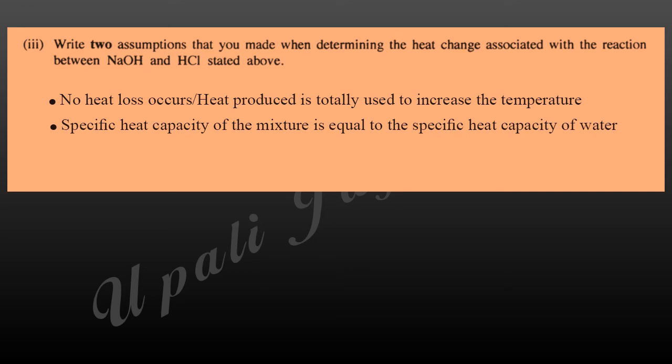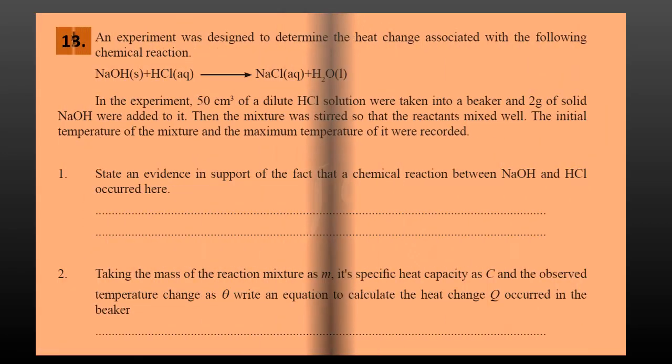The specific heat capacity of the mixture is equal to the specific heat capacity of water. Density of the mixture is equal to the density of water. Now you can stop the video and answer the question. After answering, you can continue the video to correct your answers.